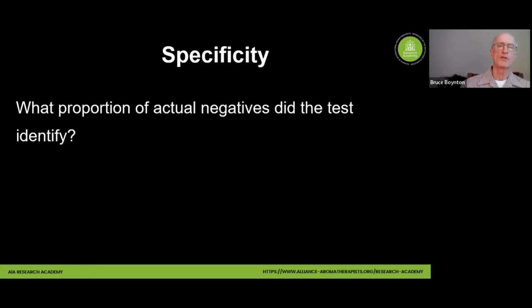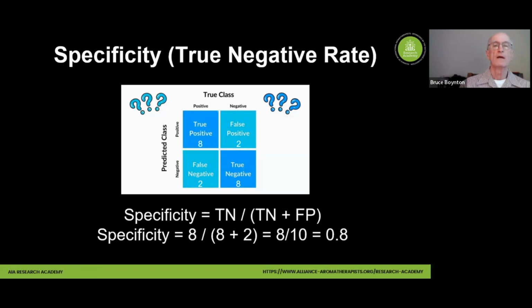What about specificity? What proportion of the actual negatives did the test identify? Okay, now you remember when we calculated sensitivity, we worked in this column on all the really positives. And for specificity, we're going to work in this column, all the truly negatives. Well, if we want a specific test, it's going to correctly identify the true negatives.